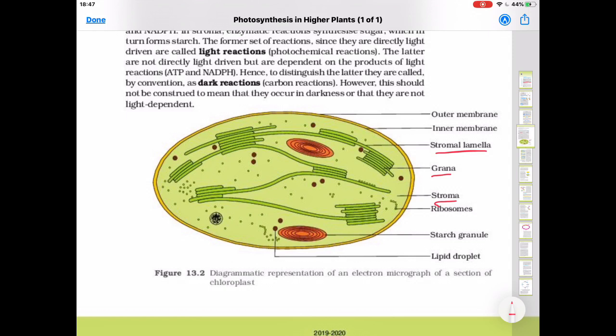That is the formation of ATP and NADPH. In stroma, in the matrix, the enzymatic reactions incorporate carbon dioxide into the plant, leading into the synthesis of sugar. Because this reaction does not depend upon light, it is also known as dark reaction.